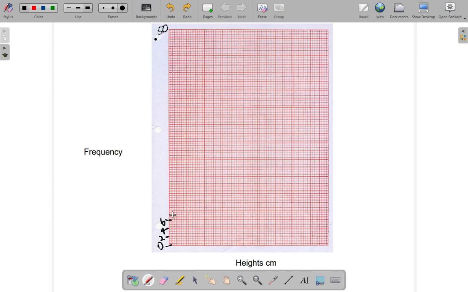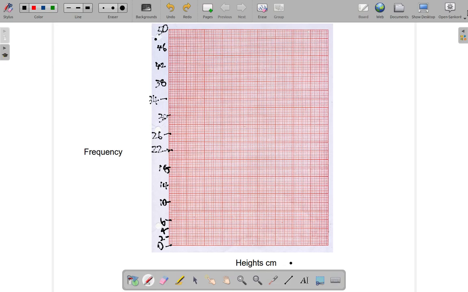Remember, on your real graph paper, you would have more space than I'm working with, so don't skip them. 8, 10, 12, 14, 16, 18, 20, 22, 24, 26, 28, 30, 32, 34, 36, 38, 40, 42, 44, 46, 48, 50. Okay.